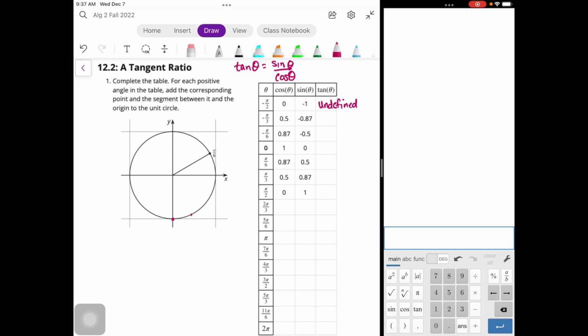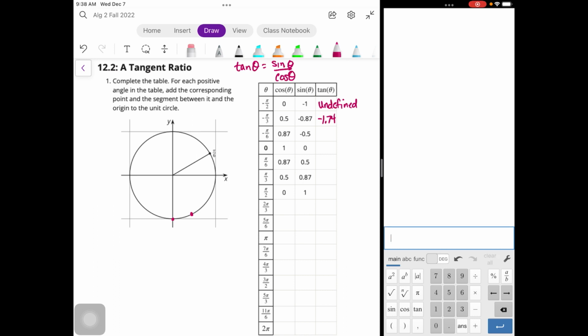So that's going to be like over here. And so then we're going to do negative 0.87 divided by 0.5, and we get negative 1.74, right? And these are all approximations except for the 0.5.